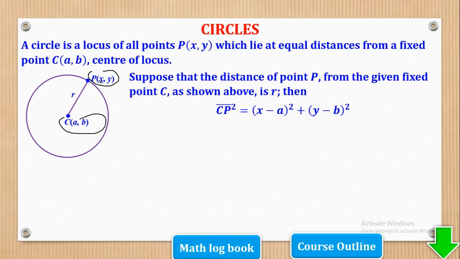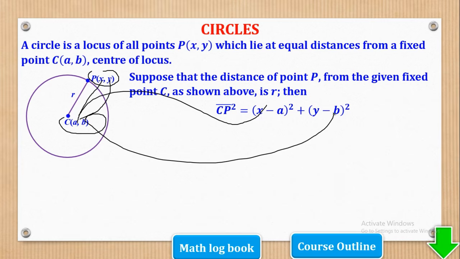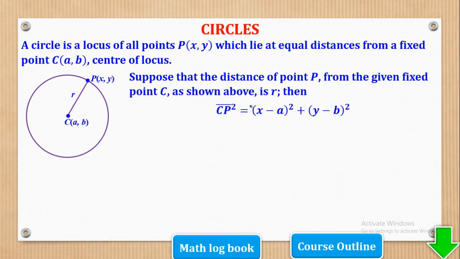Therefore, the distance will be the difference in the x coordinates squared plus the difference in the y coordinates squared, everything under root. Now here we have not put the square root, the reason is because here it is also squared.